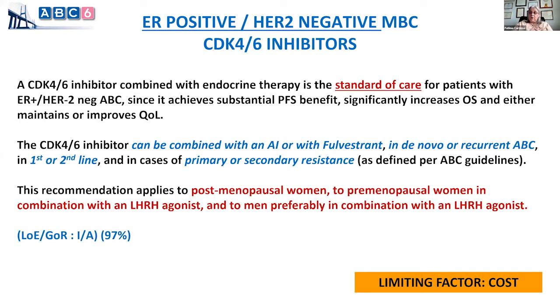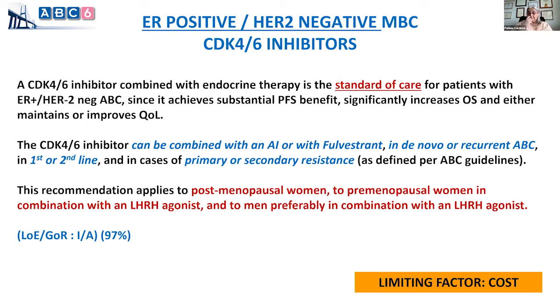And something that I have not mentioned for the other subtypes, but I'll mention specifically for this subtype, because hormonal environments are different before and after menopause, and are also different in men, and men can have breast cancer as well and can have metastatic breast cancer as well.